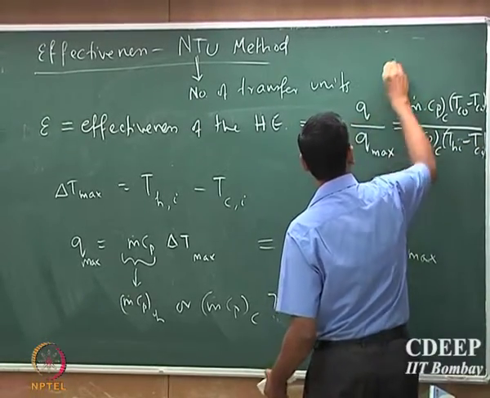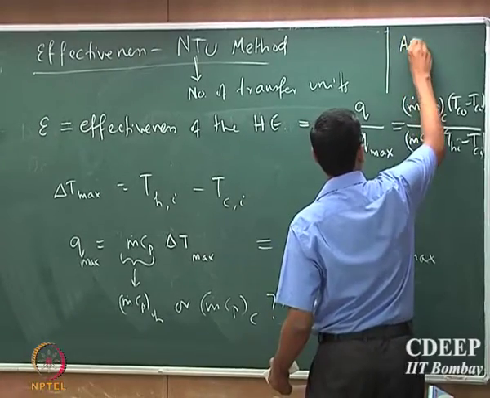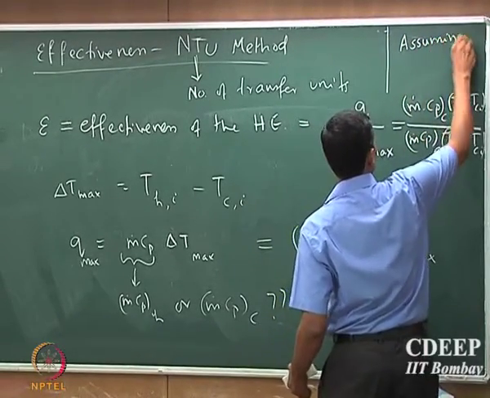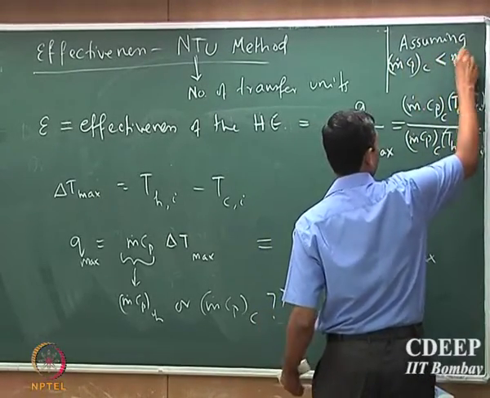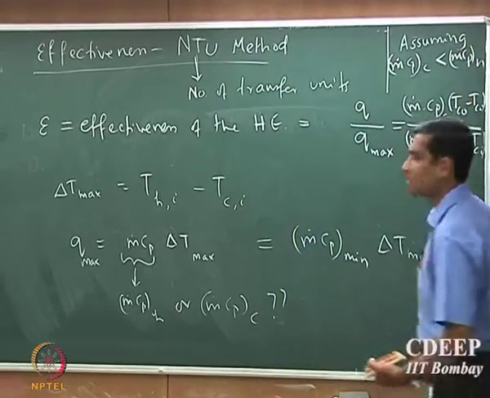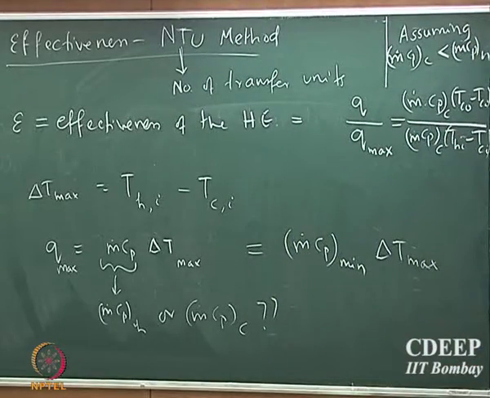So this is by assuming m dot Cp of cold fluid is less than m dot Cp of hot fluid. Alright. So this is a very generic definition. Irrespective of which fluid is going to have the maximal temperature change, you can always define it in terms of the minimum capacity multiplied by the maximal temperature difference. That should tell you the theoretical maximum possible heat transport rate.